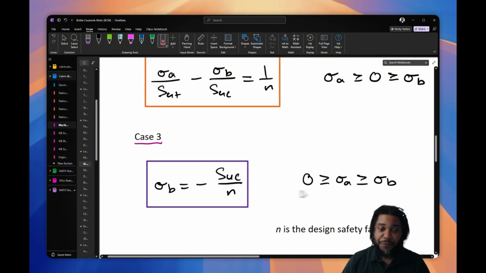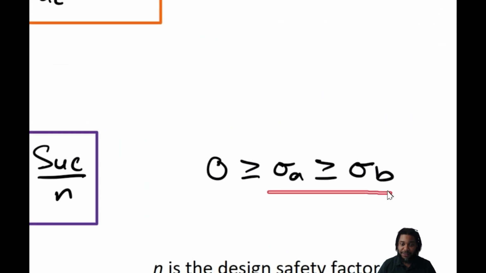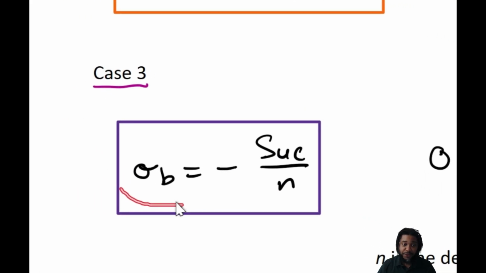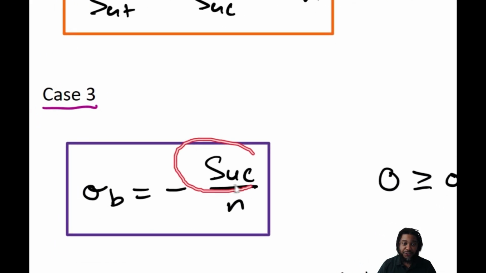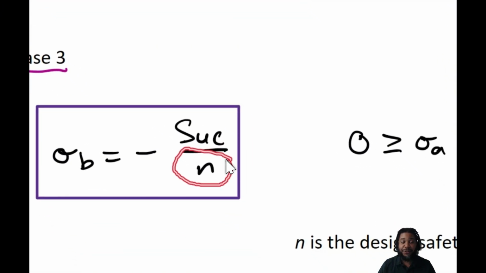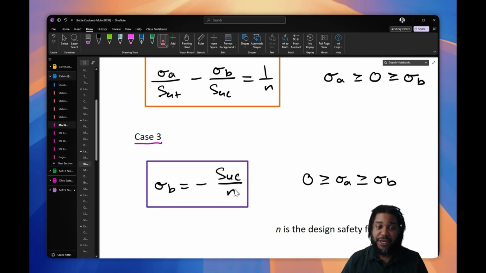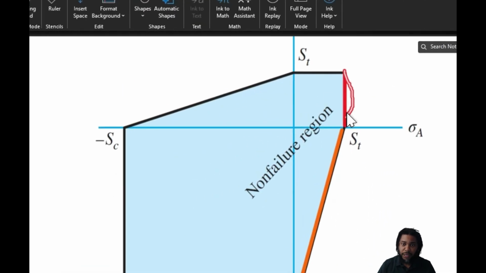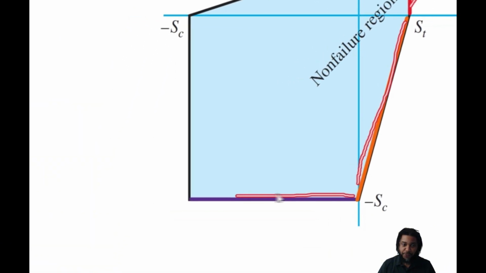And then case 3, if both of the stresses are less than 0, then we get the case where sigma B is equal to negative SUC, so our ultimate compressive strength, divided by our safety factor. With these three cases, they each create three lines, line 1, 2, and 3.